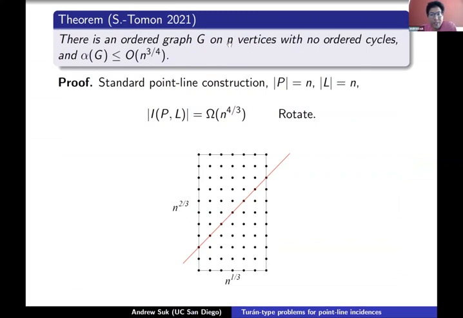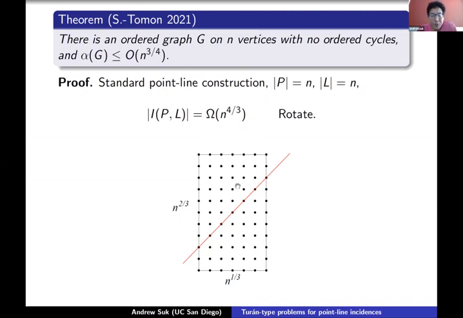Okay. So this construction, again, goes back to that standard point-line construction that I've been talking about. So again, you take n points and n lines, where the points form that n to the 1/3 by n to the 2/3 grid, and then you generate, again, those n lines so that the number of incidences between P and L is on the order of n to the 4/3.